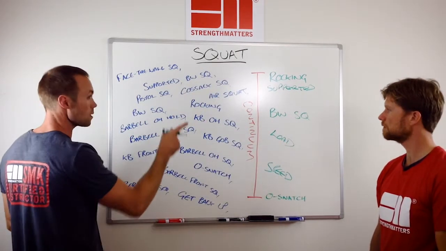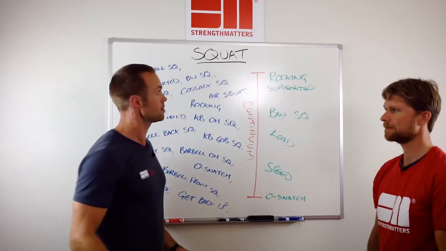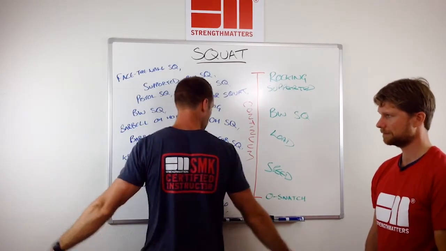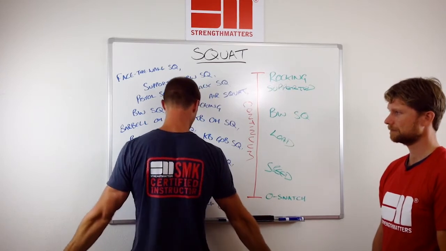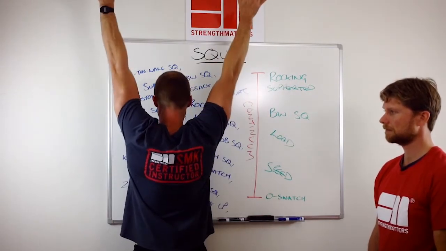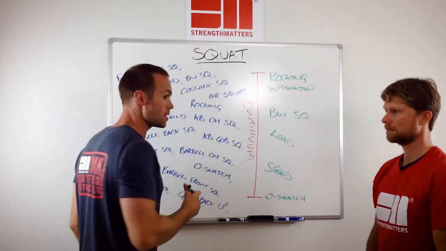And face the wall squats. So basically means how close can you face a wall? You can put your hands there for ease to take the thoracic spine out of the equation. You could put your hands up there to really test.